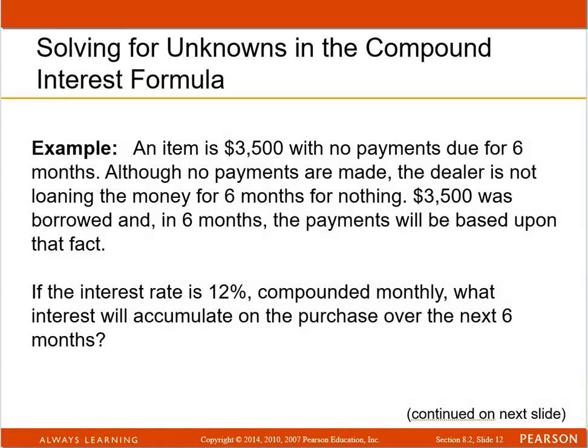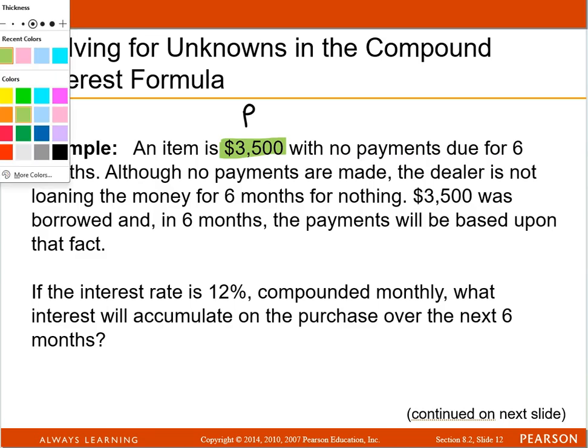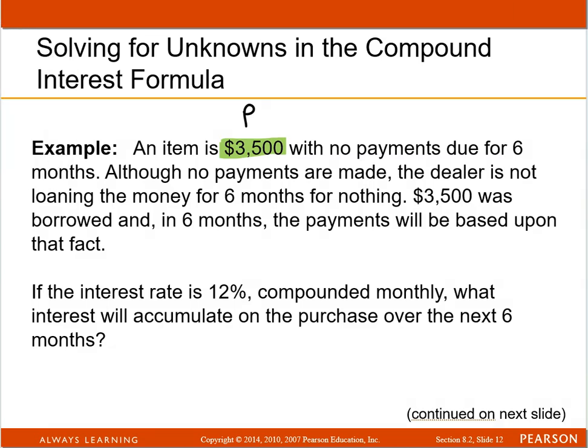Let's see. An item is $3,500. That is our principal. And our time. Okay, this says the dealer is loaning the money and the borrow in 6 months.